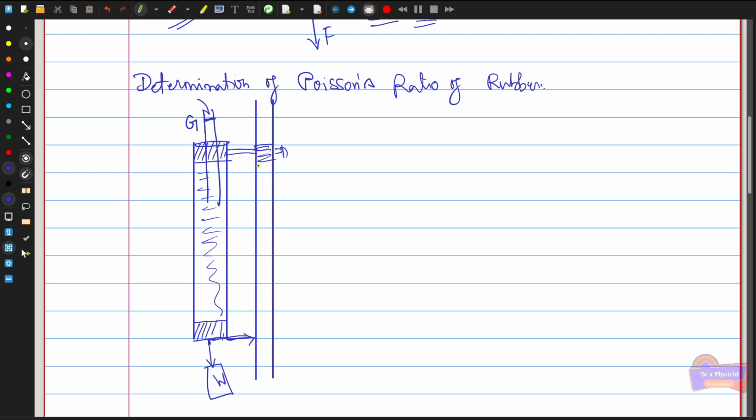The beam has a scale on it, so that the pin can be used to measure the corresponding length of the tube. So when you add a weight, the rubber gets elongated, and the pin points to some measurement on the scale, so you can easily find the elongation length.